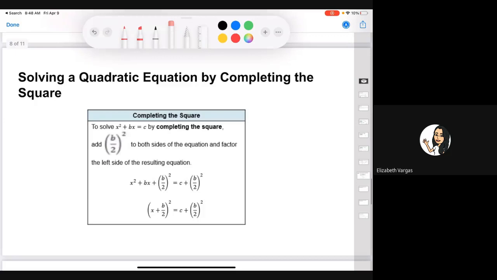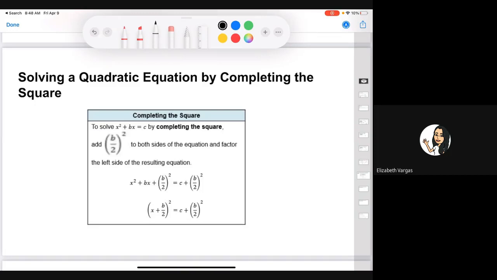We're going to look at one more property, and that is solving a quadratic equation by completing the square. Okay, so we're going to solve a quadratic equation by completing the square.